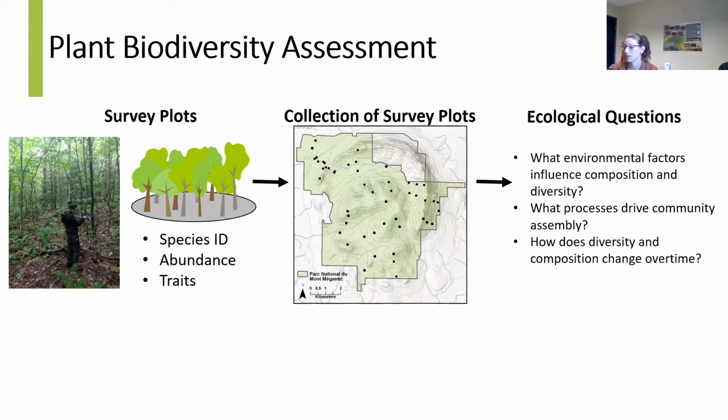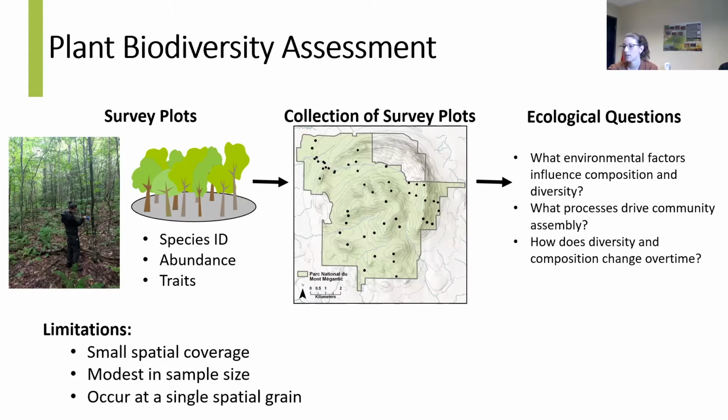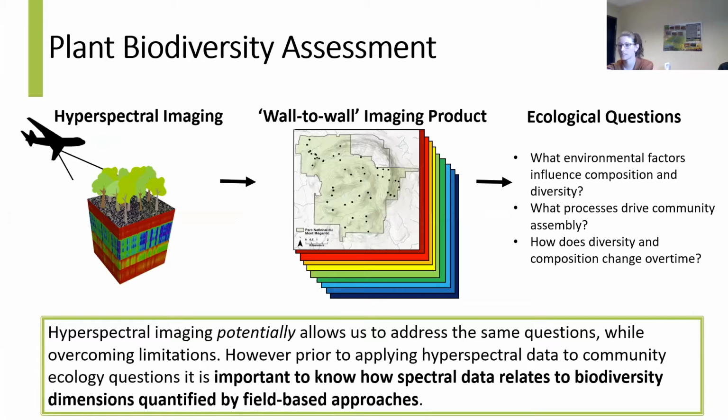While these field-based methods provide really high resolution biological data, they are limited to small spatial coverage, are modest in sample size, and commonly occur at one spatial grain. When we contrast this to hyperspectral imaging, it potentially can overcome some of these limitations, creating wall-to-wall imaging products.